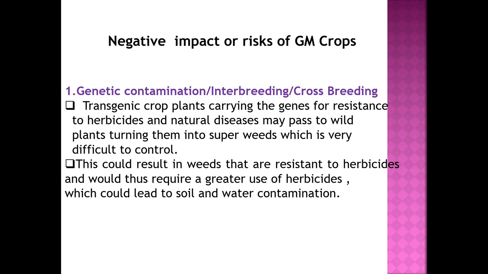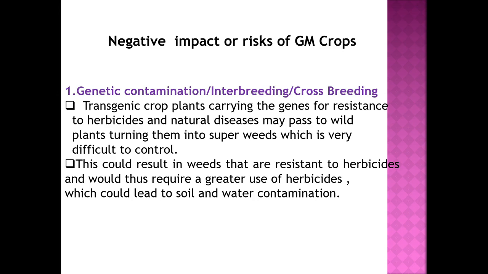So whenever you want to remove that weed, you spray the herbicides, but the weed cannot be killed, because through crossbreeding or interbreeding that plant has gained the herbicide resistant gene from the genetically modified plant, because of which the herbicide will not have any effect on the weed.